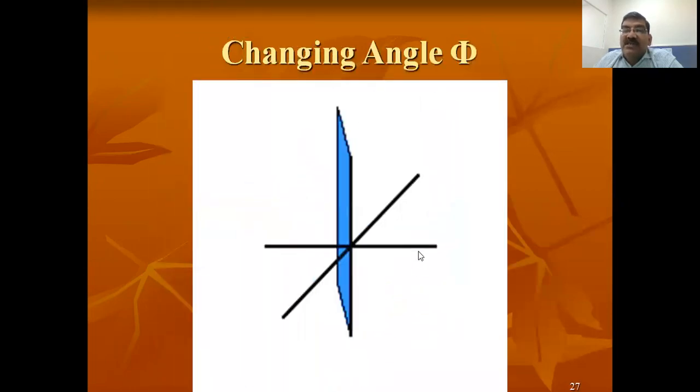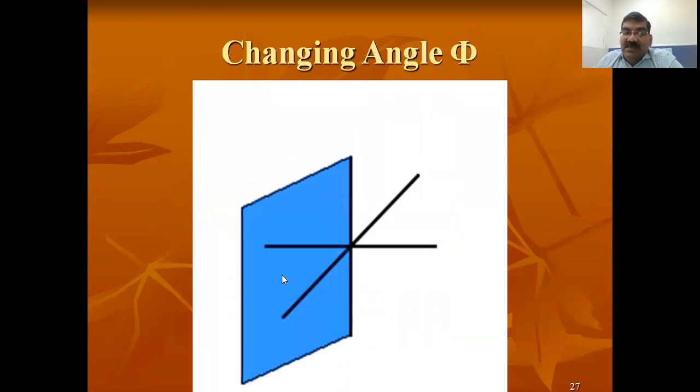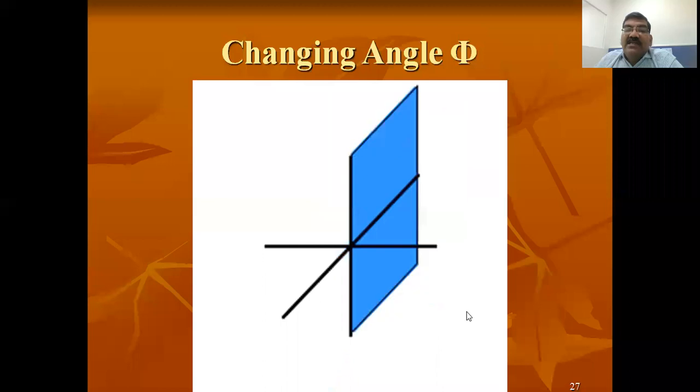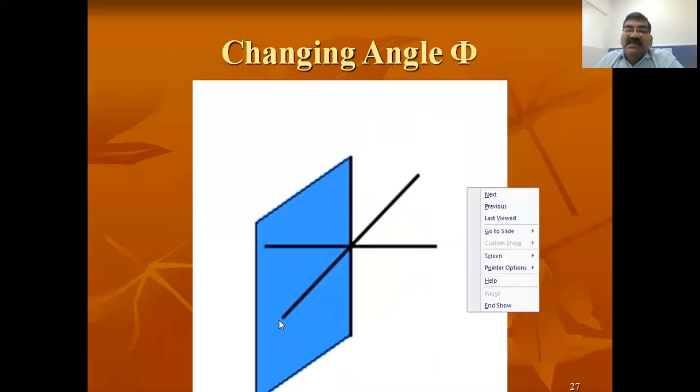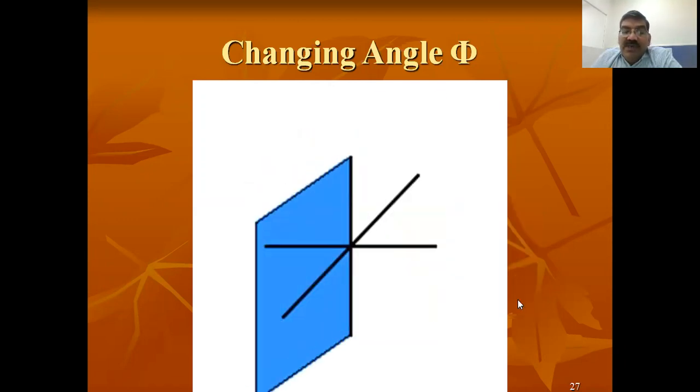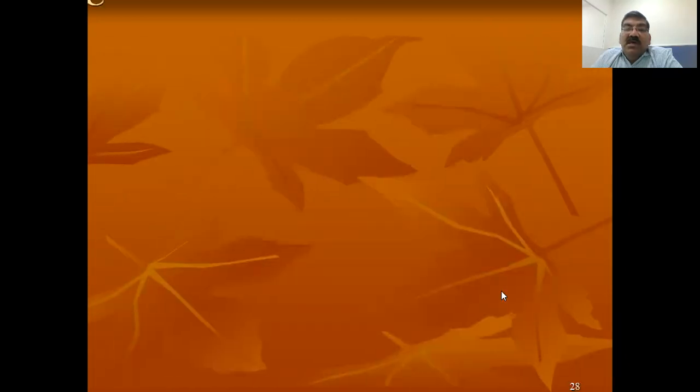This angle is the azimuth angle, that is, the horizontal angle. It rotates, and if I say this is the x-axis, then at the x-axis it is 0, and here it is 90, and accordingly it will rotate. That way we can find the angle. You just go through the video for more detail.